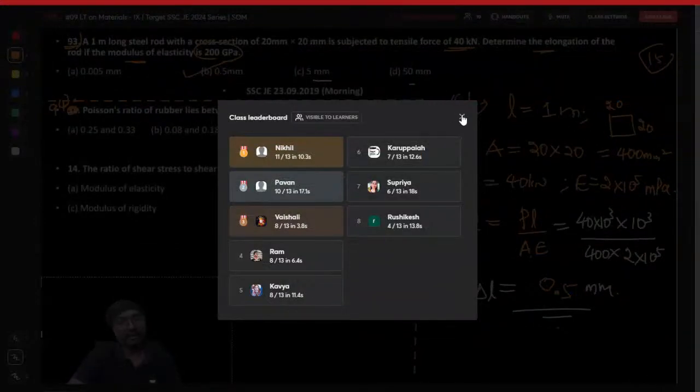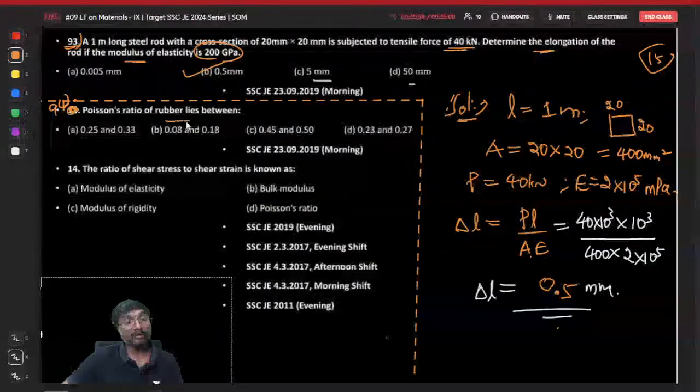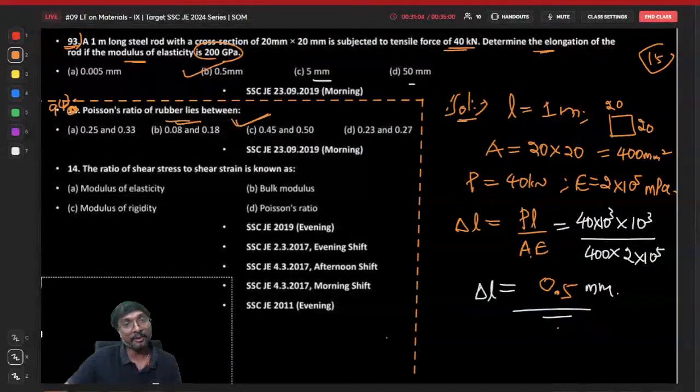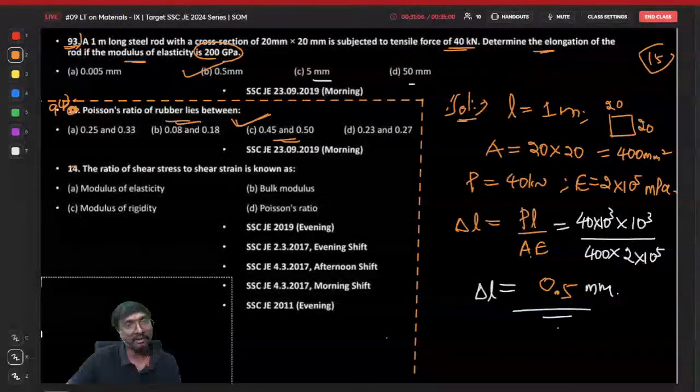This is the leaderboard, you can say. Poisson's ratio of rubber lies between, so we have mentioned it is 0.5, na, so which one is a nearby answer? 0.45 to 0.5 is the nearby answer.